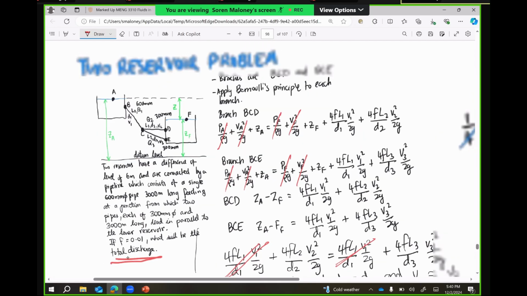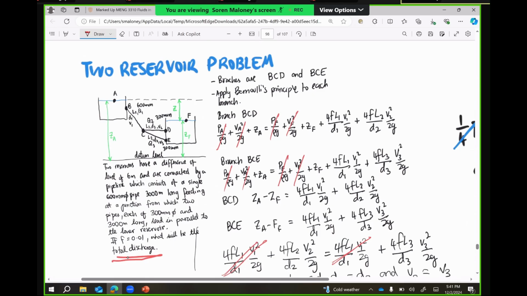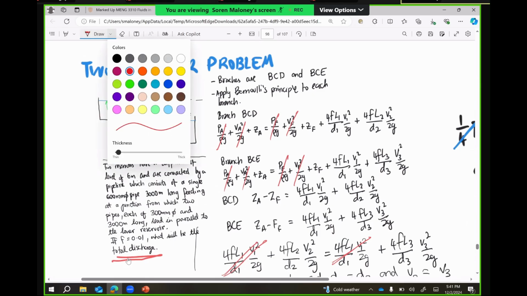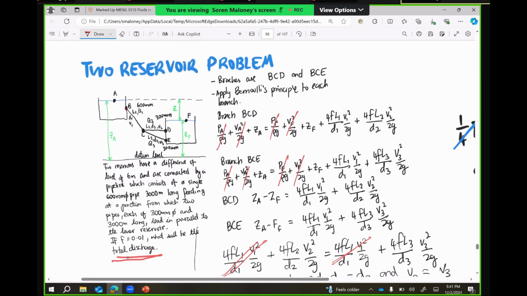We're applying Bernoulli's principle between B and D, or basically, between A and F, these two reservoirs, but I'm looking at branch BCD.